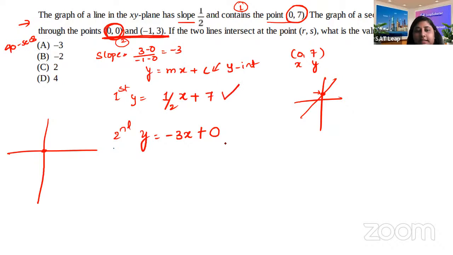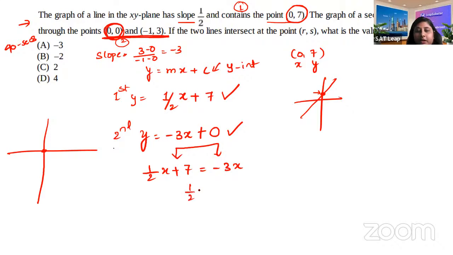So the first equation is this, the second equation is this. Whenever they ask about two lines intersecting and you want to find the intersection point, you just have to equate these two lines. That is half x plus 7 is equal to minus 3x. Equating the given equations of the lines is going to give you the intersection point. So now if I simplify this, what is going to be the value of x I'm getting?